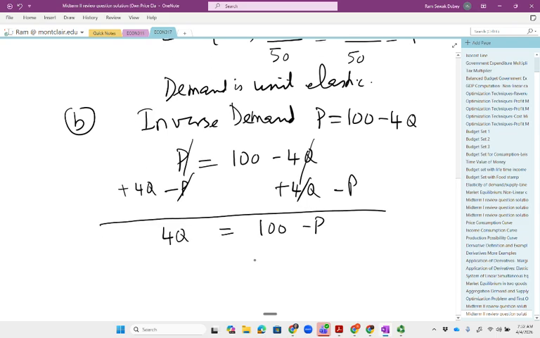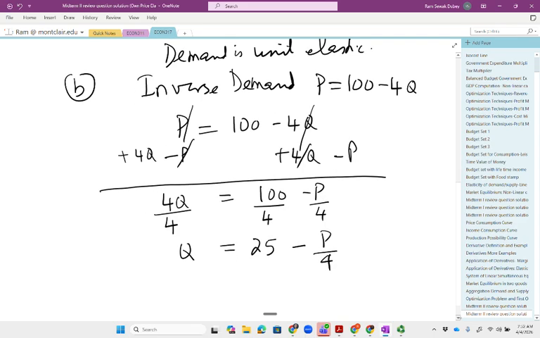But I need Q by itself, so I will divide both sides by 4. So now I have Q on the left by itself: 100 over 4 is 25, minus P over 4.